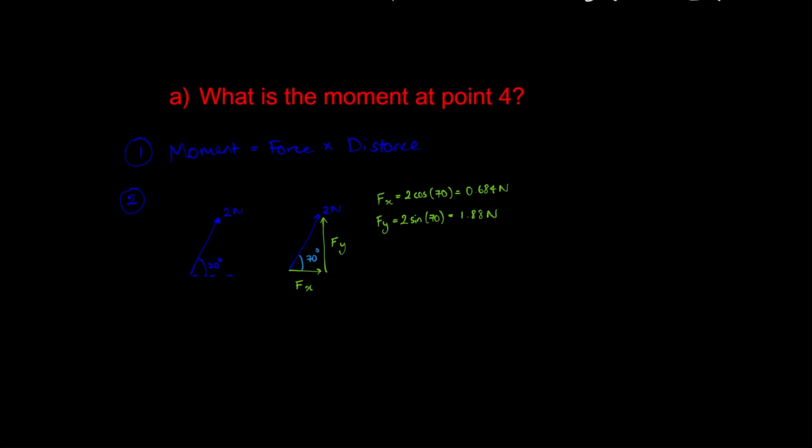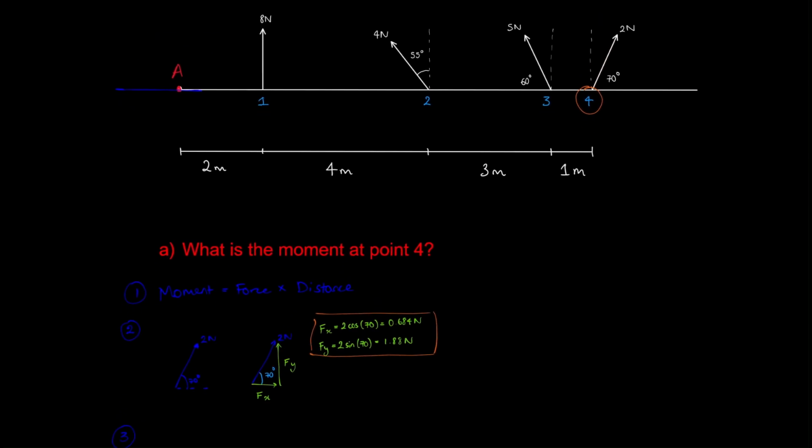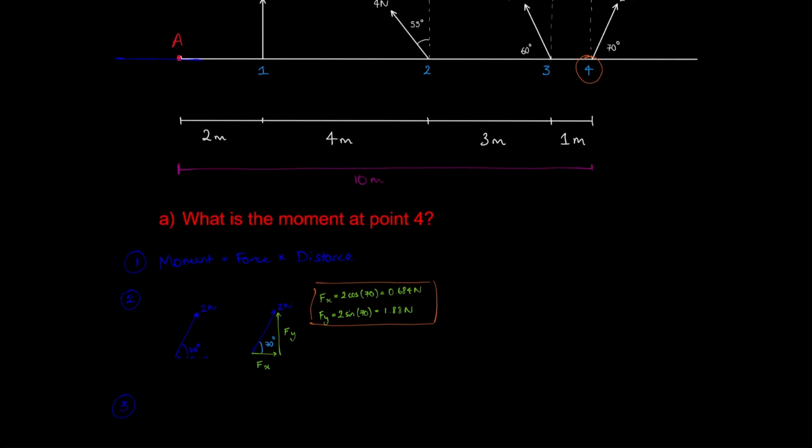The next step is finding the moment of it. So we're now going to plug this force into our moment equation. We know that the distance from our pivot point at point A to the force is 10 meters. Then we want to find the perpendicular force, which in this case is the y force. As you can see here, it's acting perpendicular to our pivot.